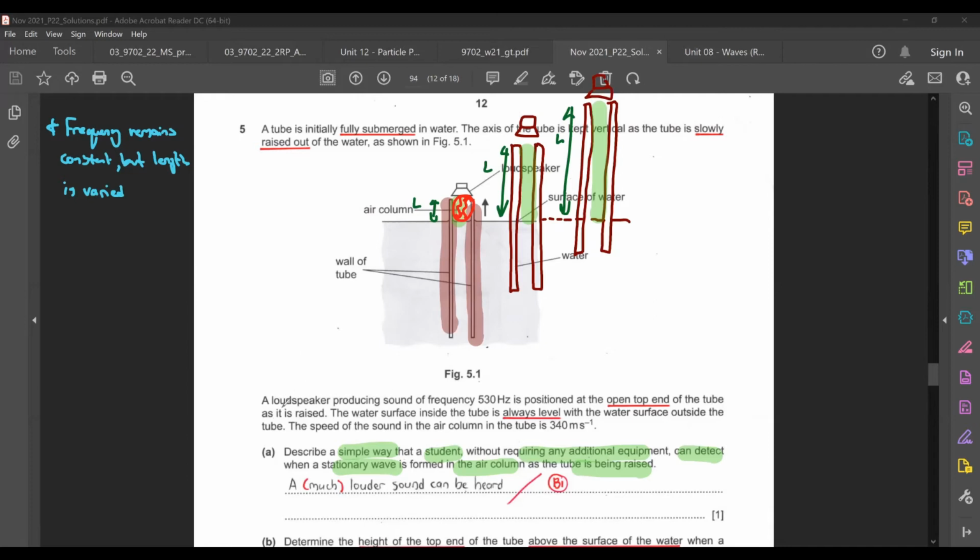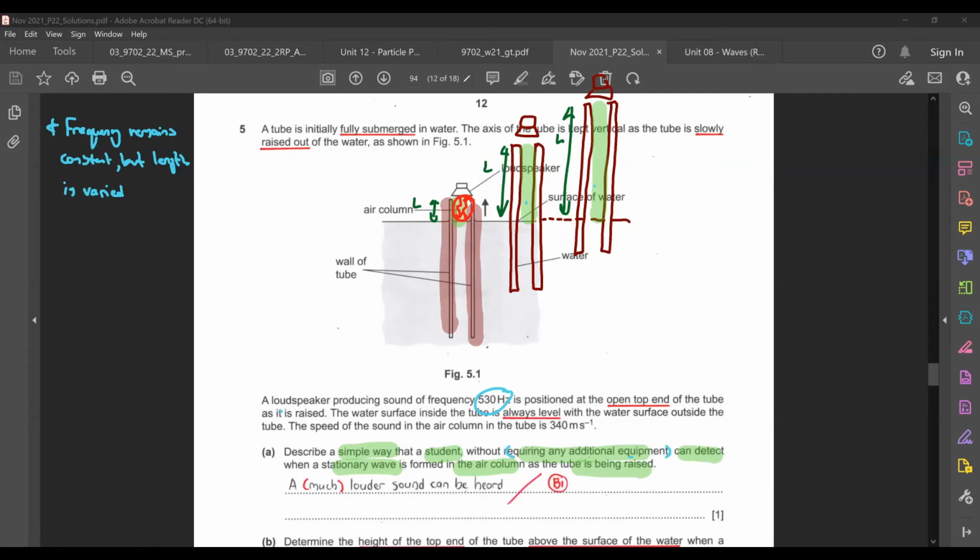Notice that in your question, they never say anything about varying the frequency of the loudspeaker. They just say the frequency of the loudspeaker is 530 Hertz. So we know that as you raise the tube upwards, at certain lengths, you get stationary waves. The question is asking you, how do you detect those stationary waves without bringing any additional equipment?